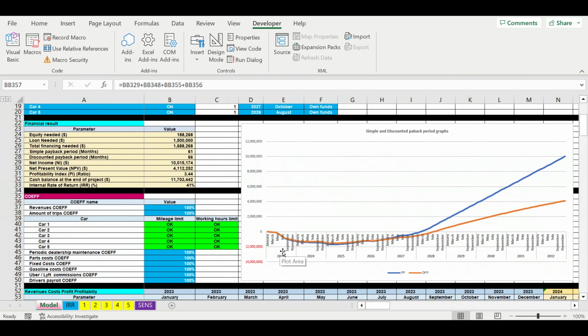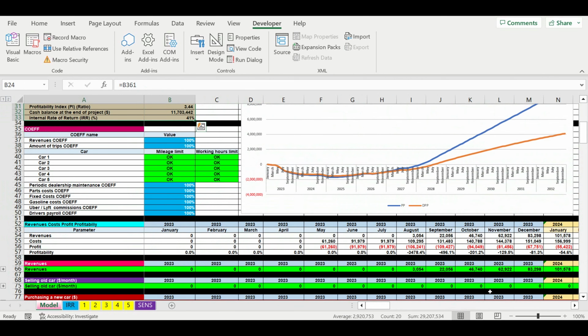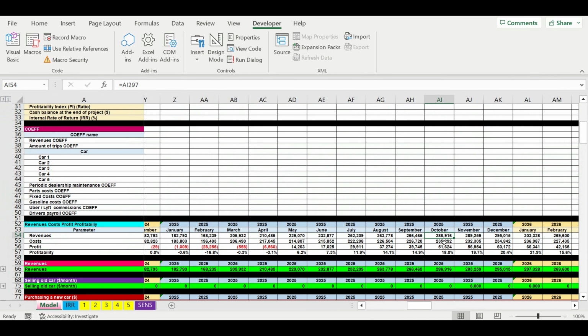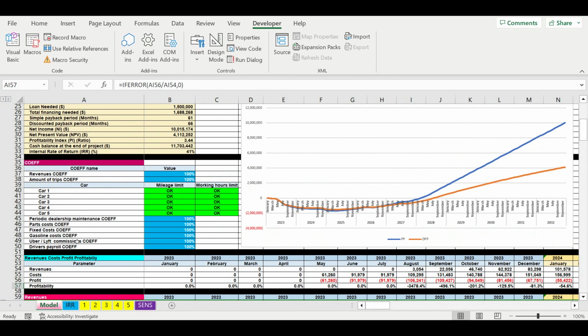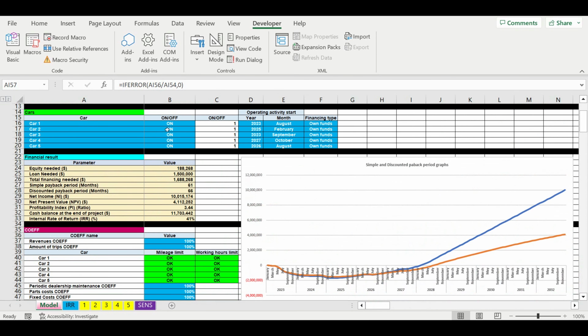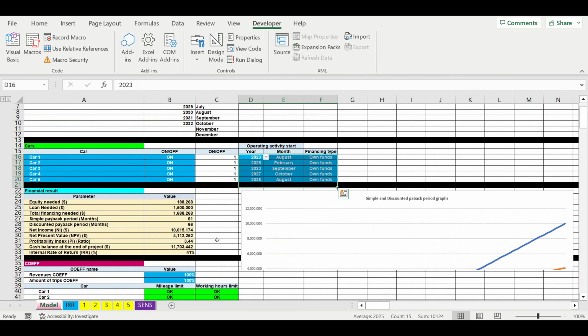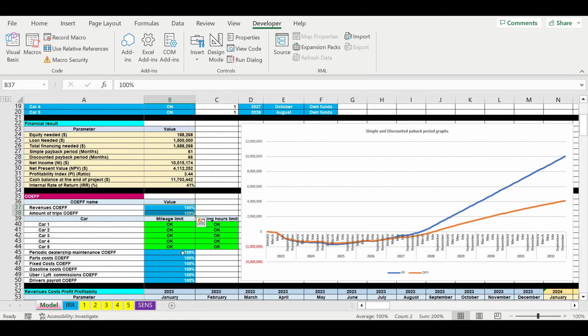We can see all the financials here, and we can also see monthly for this or that scenario, what are the revenues, what are the total costs, what is the profit, what is the level of profitability for this scenario. So here we can play globally with inputs. And also we can play locally with inputs.